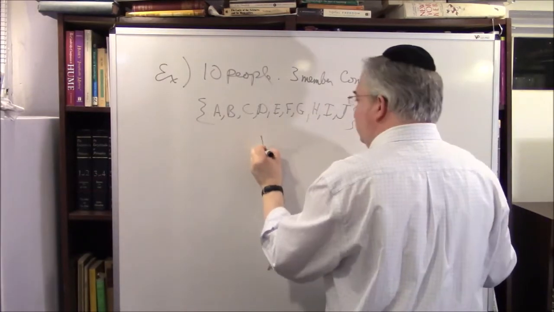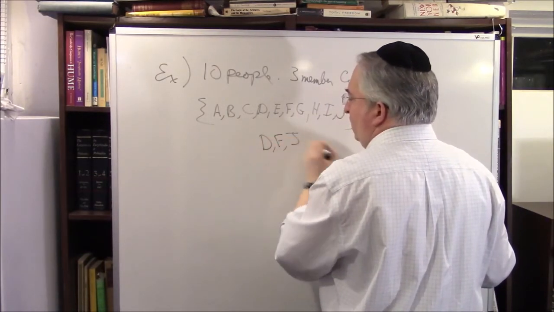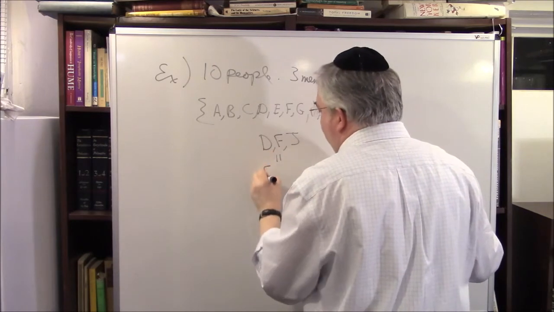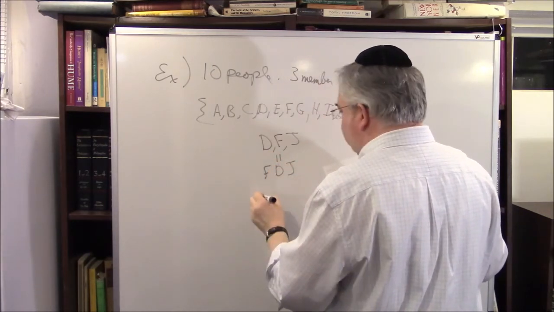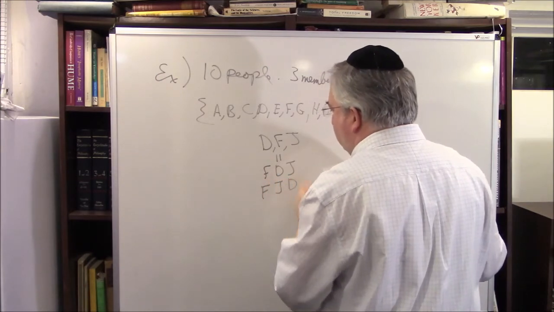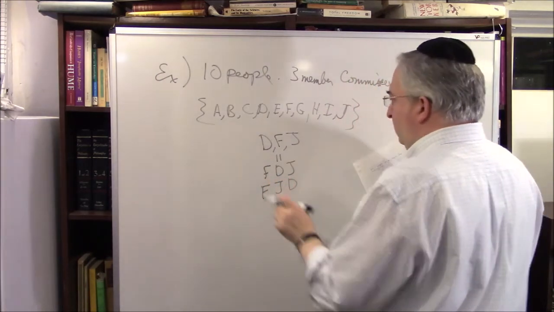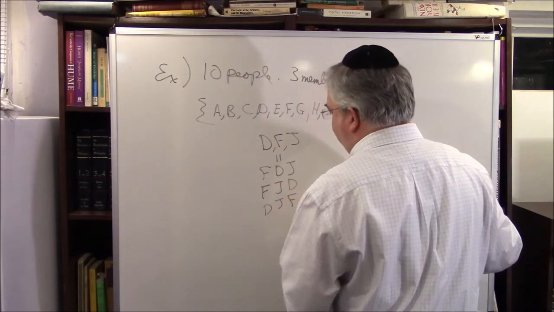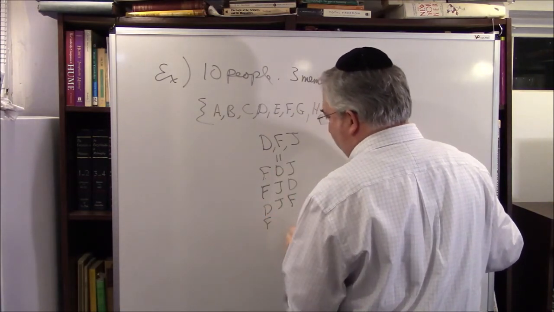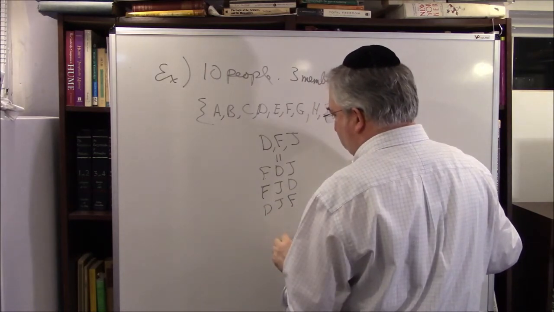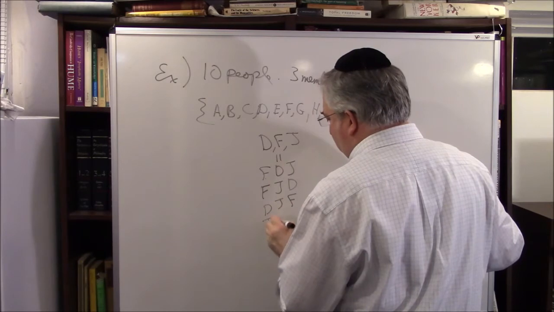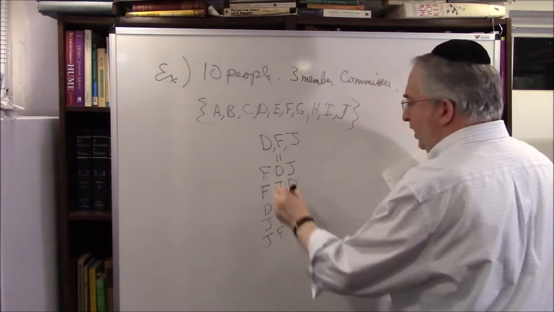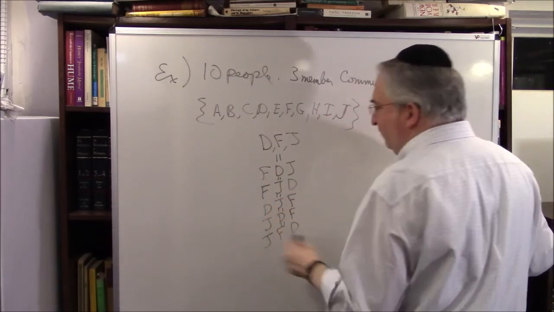If I choose D, F, and J as my 3 members, I want to consider them the same thing as F, D, and J. I want to consider them to be the same as F, J, and D. And D, J, F. And J, D, F, and J, F, D. So I want to consider all 6 of these to be the same thing.